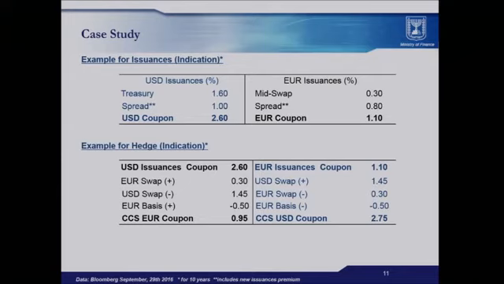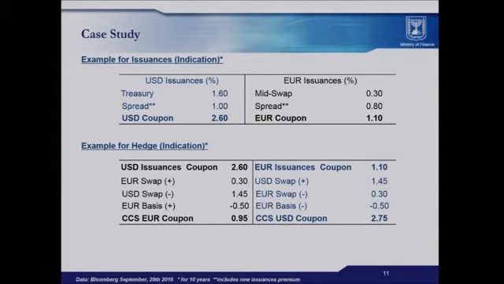I think that you mentioned that you were doing it to eliminate the exposure, to diversify the exposure. So the left table shows the calculation. We issue a US dollar bond with a coupon of 2.6. We add the euro swap 0.3, subtract the USD swap 1.45, add the negative basis, and we receive a euro coupon of 0.95.